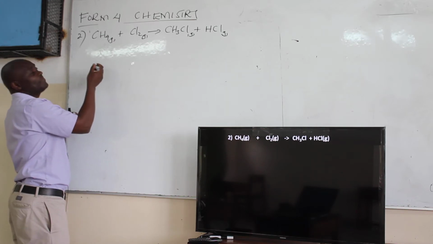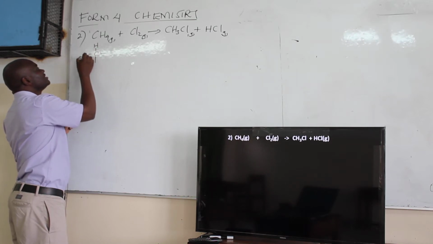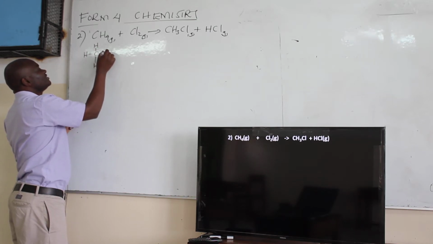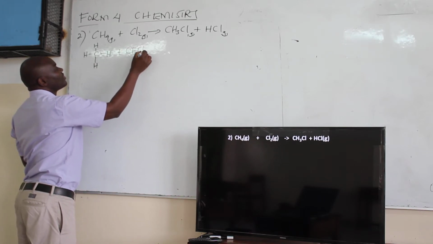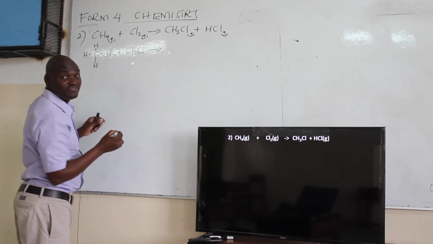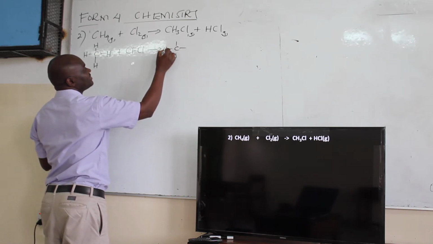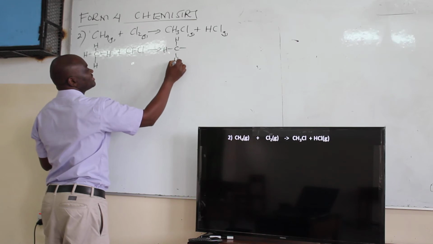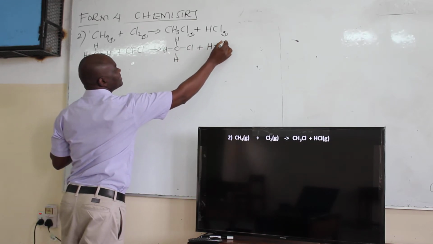So the first step is to identify the bonds. We have hydrogen, hydrogen, hydrogen, hydrogen plus chlorine, chlorine to give hydrogen, hydrogen, hydrogen, chlorine plus hydrogen chloride.